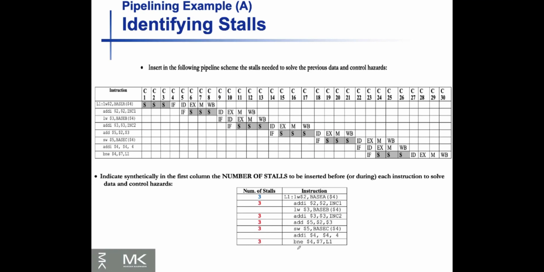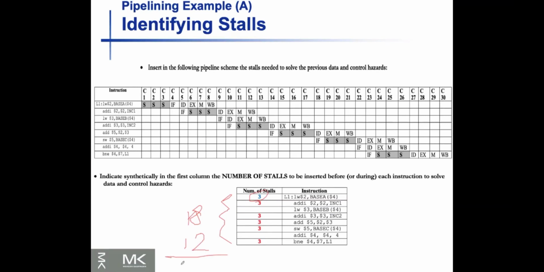Before just to do the branch. And that was the branch itself. So 6 multiplied by 3, you had 18 stalls added to your 12 with no stalls, and that would be 30, right? So that's why you see all this 30 here. You had 6 of these 3-stall instances.